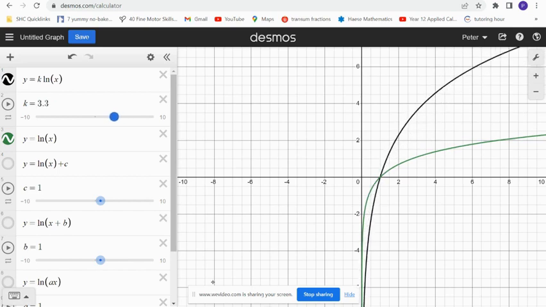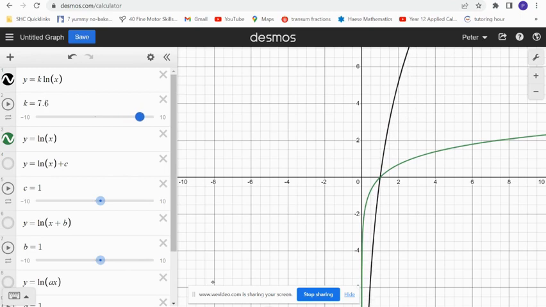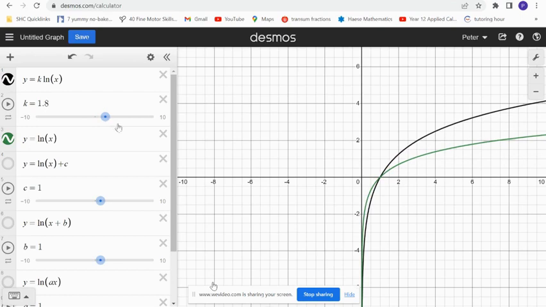What I'm doing is making the value out the front bigger. If I make it bigger, I'm changing the steepness of the graph. It's becoming much steeper. If I change the k value to be less than 1, it changes that steepness the other way. So that's what happens with that value at the front.